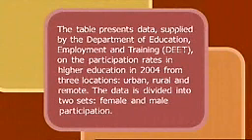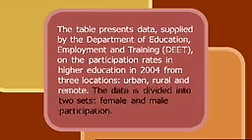We might write, the table presents data supplied by the Department of Education, Employment and Training on the participation rates in higher education in 2004 from 3 locations: urban, rural and remote. The data is divided into 2 sets: female and male participation. Notice our second sentence tells the reader that the data will be presented according to female and male participation rates.